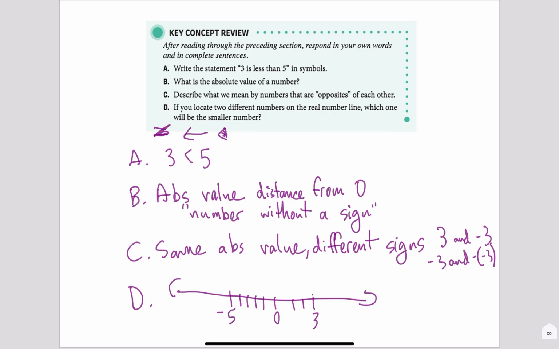I've located both of these numbers on the number line. How do I know which one's smaller? Well, if they're properly located on the number line, then the number on the left is the smaller number. So that's how I'll answer this. If you locate two different numbers on the real number line, which one will be the smaller number? The number on the left.